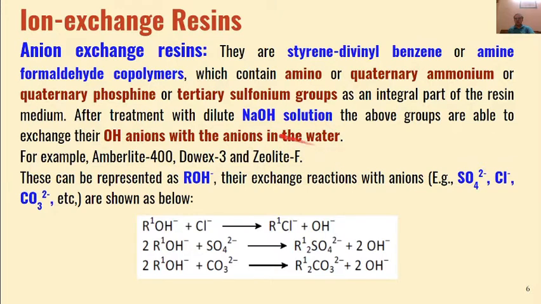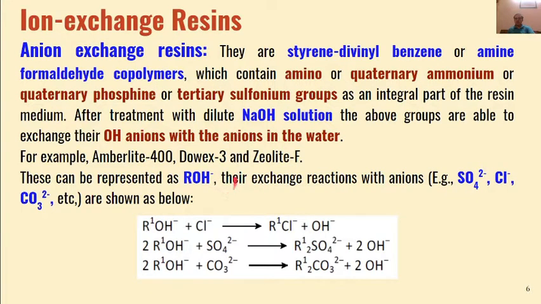The most common examples of anion exchange resins are Amberlite 400, Dowex 3 and Zeolite F. These are the trade names for different types of anion exchange resins, and these resins can have any of these functional groups present, which can exchange OH negative ions with the negative ions present in the hard water.